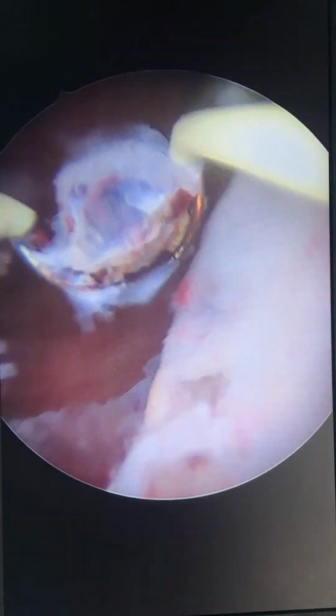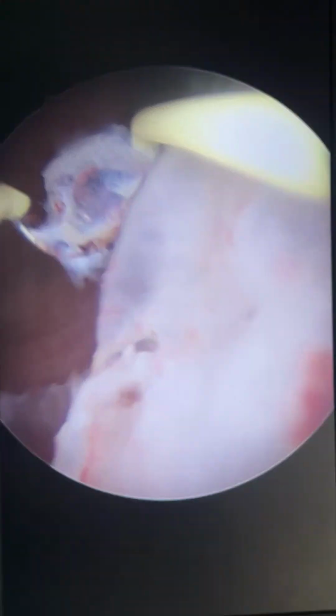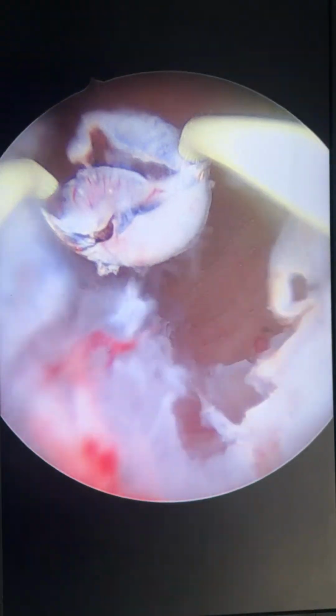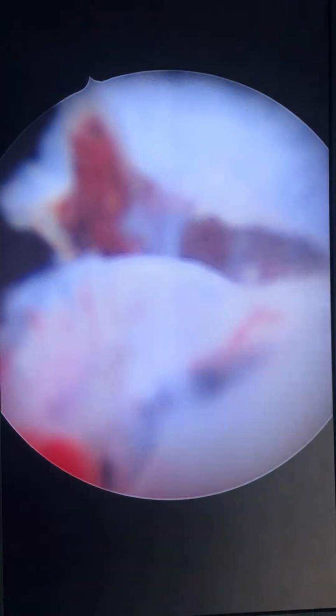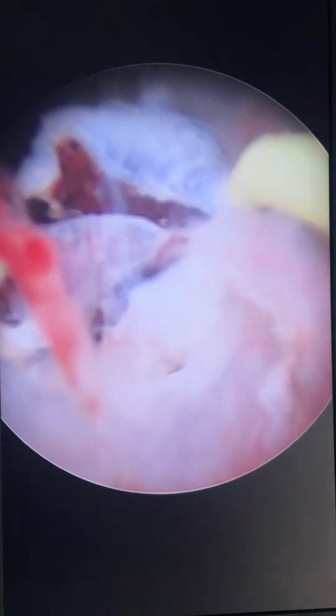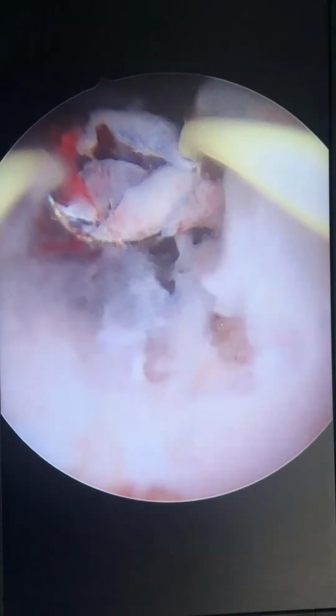So now that's the bluish chorionic, the sac contents. Cautery, cautery strength. 100, 100 of cutting.